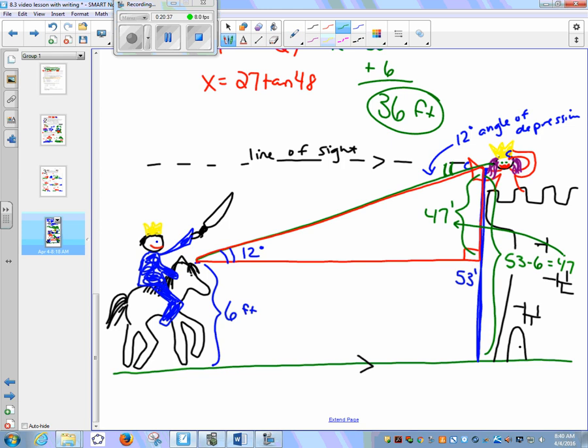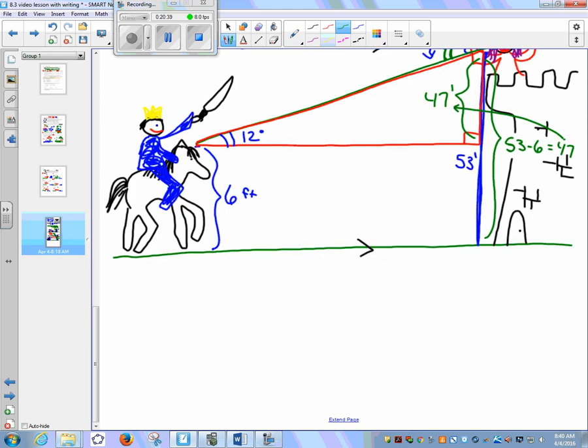All right, so then we finally can actually do some trigonometry here. What we're trying to figure out is how far he is from the base of the tower. So we have, again, opposite and adjacent.